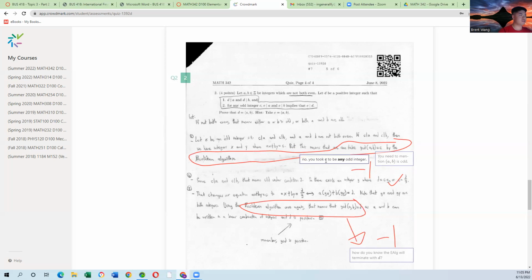Then it said I took c to be any odd integer, but it said for any odd integer c. I'm kind of confused about that. And then it said I need to mention that a and b is odd. I'm not sure, I didn't know this was a thing. I'm going to have to ask my professor on Wednesday in his office hours what this was all about.